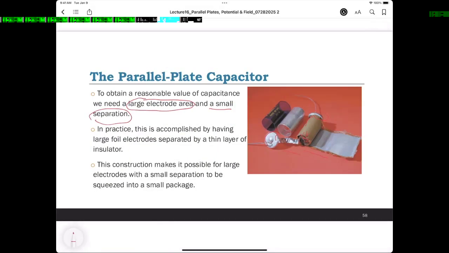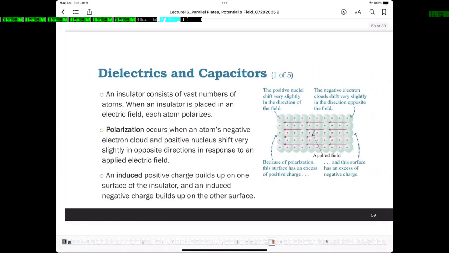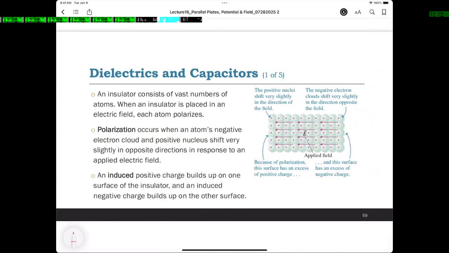Because the isolator can separate the large foil electrodes and make it have enough capacitance, this is the reason why it can work. You can see here a positive nucleon shifts very slightly in the direction of the field.